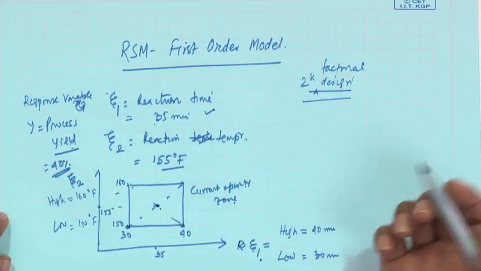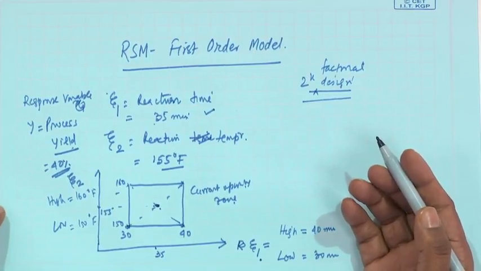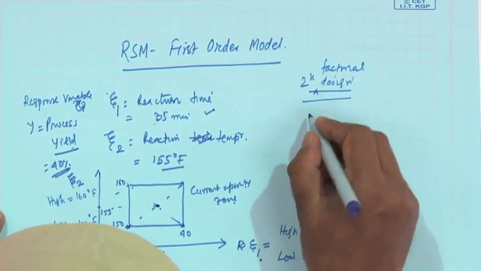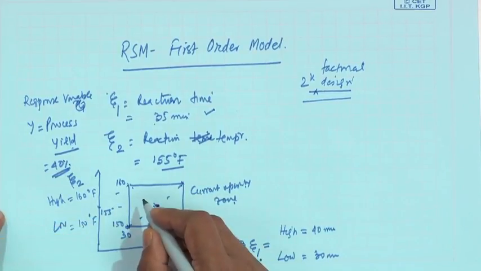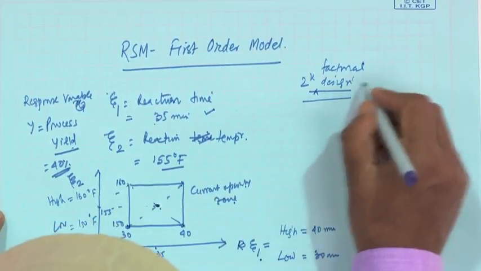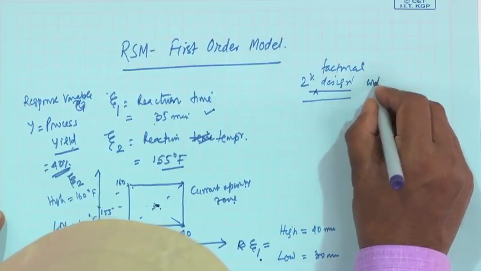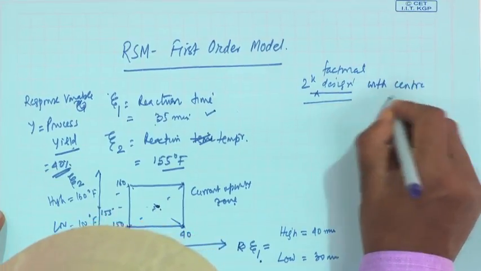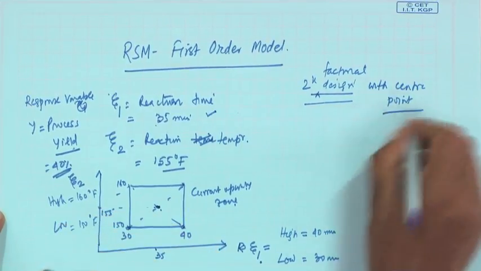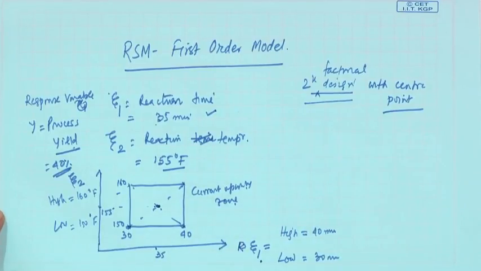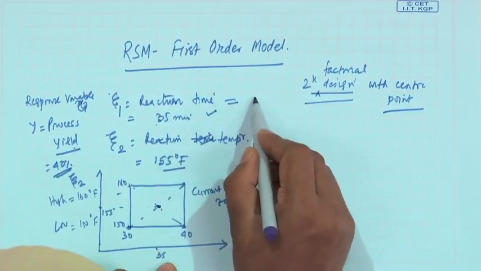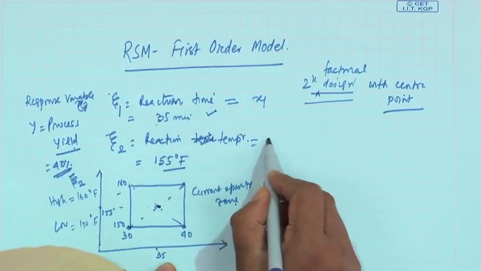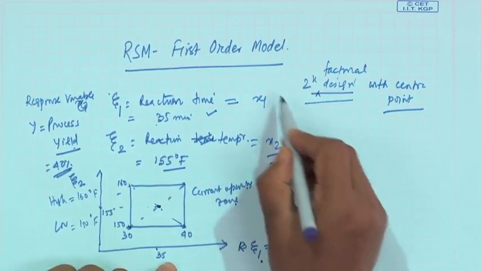That is what you have seen in the 2 to the power k factorial design. So, here it is basically a 2 to the power k factorial design with center points. What more do you require to know? This will be converted to coded variable x1 and this to coded variable x2.